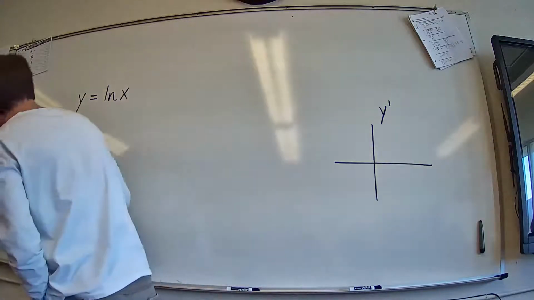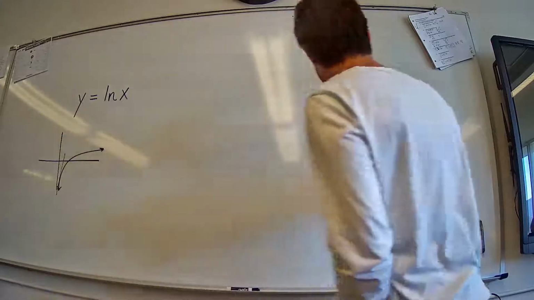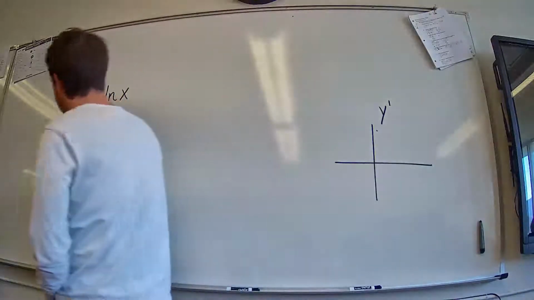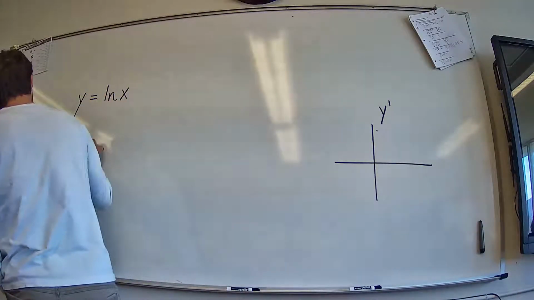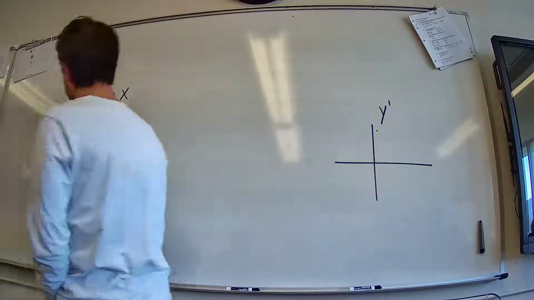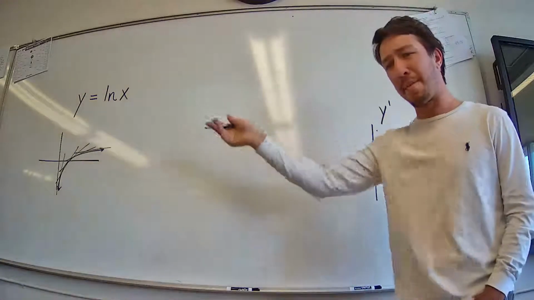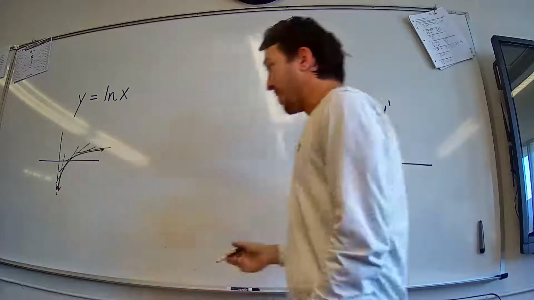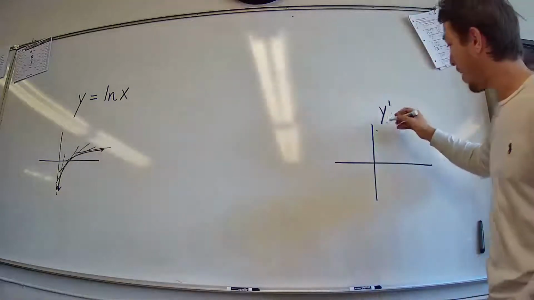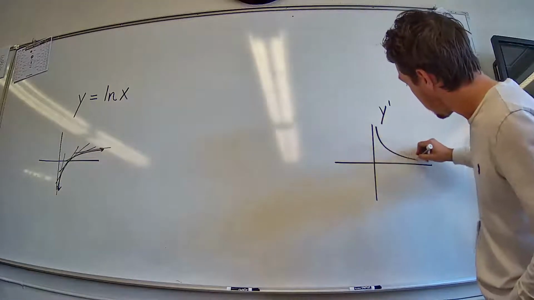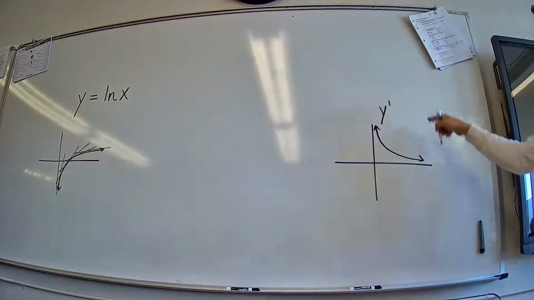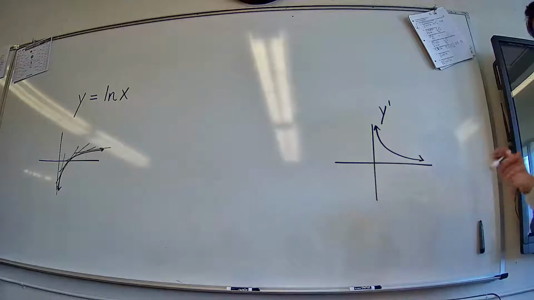So we start off with really big positive values. And then what happens to these derivatives as you move along the curve? They seem to be approaching zero, getting less steep, but staying positive. So what that tells me is that my derivative should be a function like this. Does that all make sense?